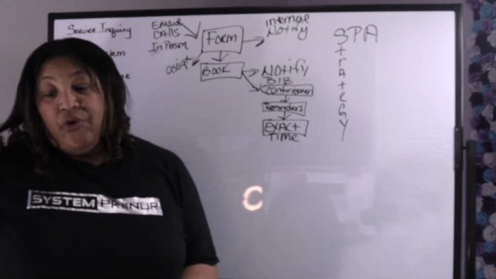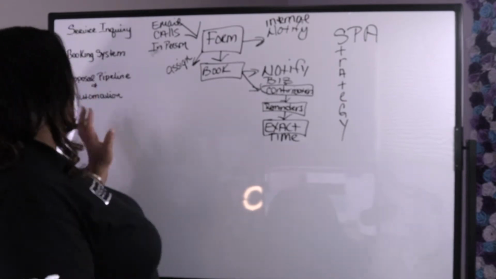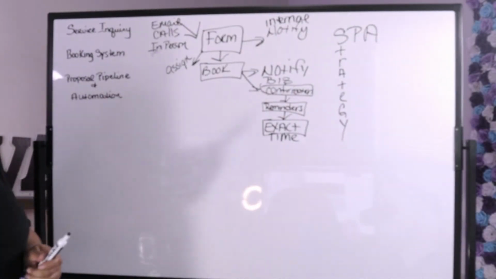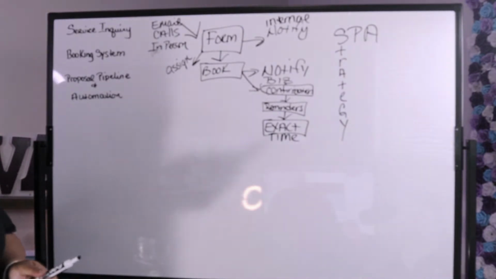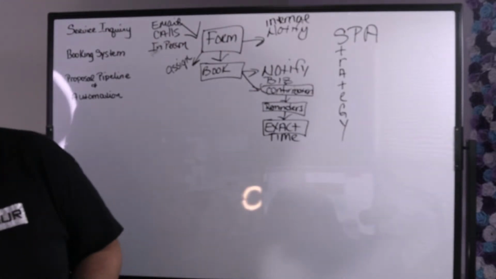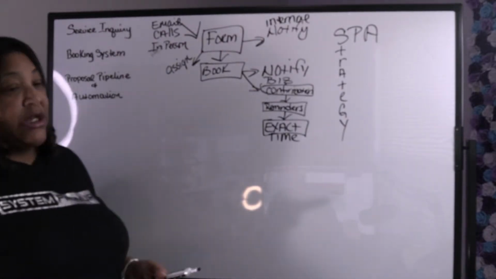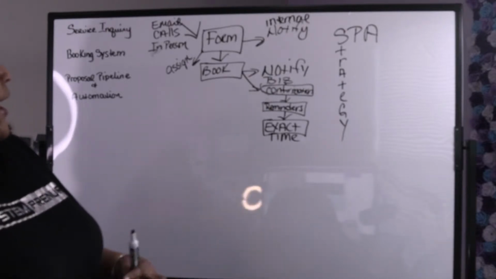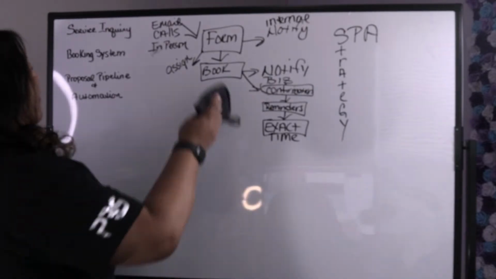Now we are going to move into the proposal pipeline, because the proposal part is the most important part of that business, right? So you have an amazing sales call. Usually you have to send someone a proposal and you have to follow up.